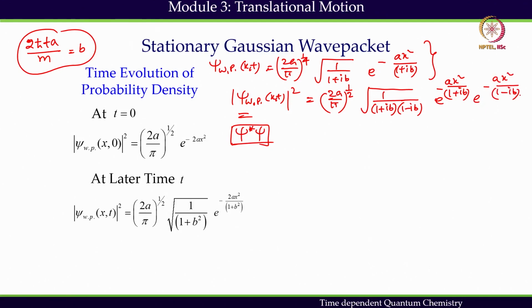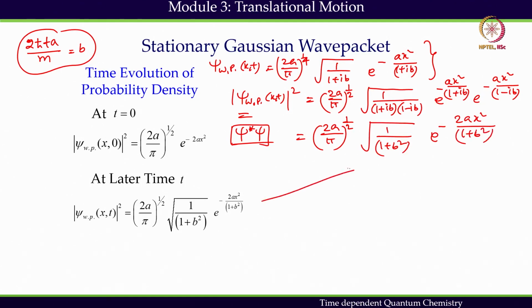This is the final wave packet form, and if I simplify this, I get (2a by pi) to the power half, square root of 1 by 1 plus b square, e to the power minus 2a x square by 1 plus b square. So we get this expression.